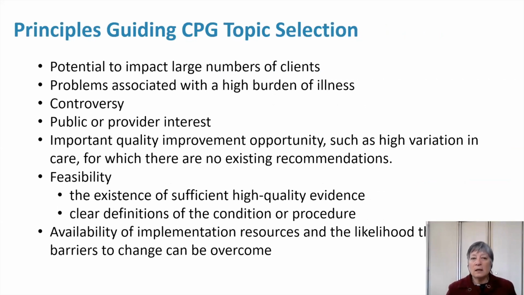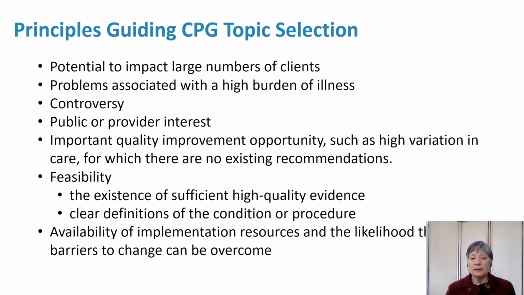Broadly speaking, the main areas that people look to when selecting CPGs is the potential to impact large numbers of people, looking at making sure that the problem is associated with a high burden of illness. Often controversy is something that is of interest for a CPG to have the opportunity to weigh in and remove controversy. Public, provider, payer, essentially stakeholder interest is a critical aspect.